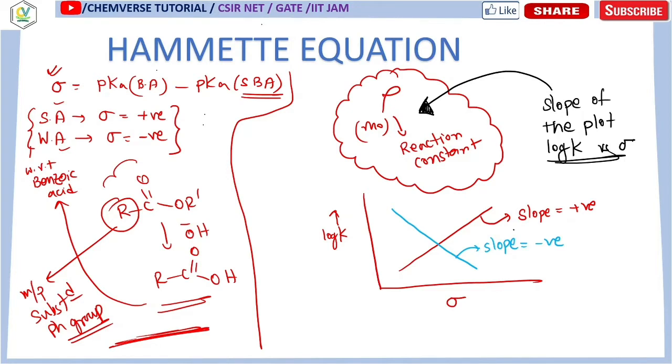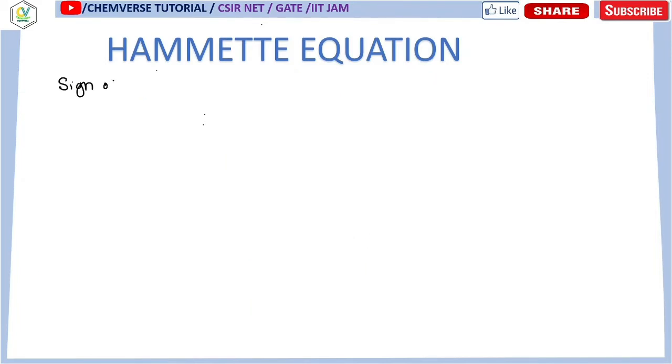So you can say that for the above case where the slope is positive, the reaction constant is positive, and for this case, the blue one, the slope is negative, which implies the reaction constant is negative. So the sign of rho, or the reaction constant rather, can be of two types. Either it could be a positive value or a negative value. So either it will be a positive slope or a negative slope.